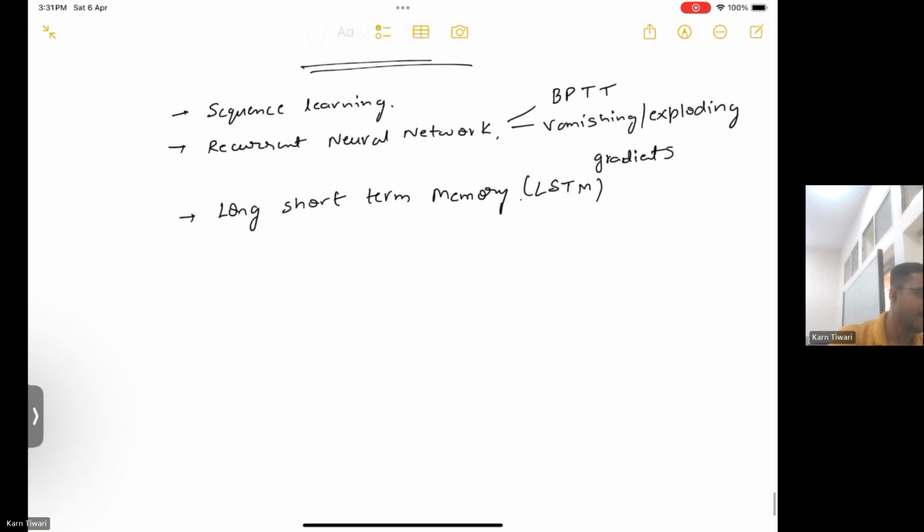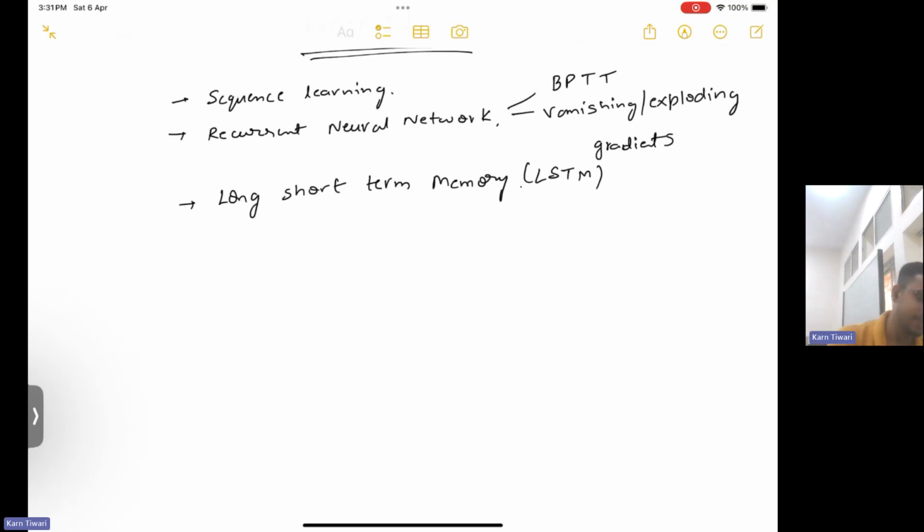And finally, we will see how it tries to avoid the problem of vanishing and exploding gradient. And lastly, we'll be solving the problems of the week.